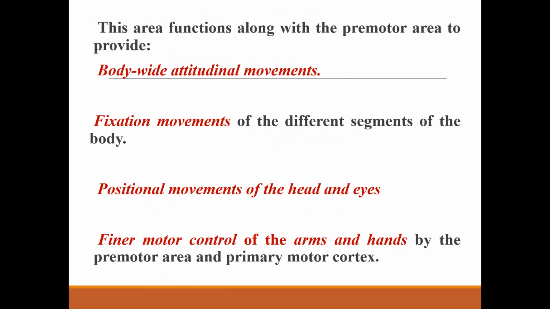This area functions along with the premotor area to provide body-wide attitudinal movements, fixation movements of the different segments of the body, positional movements of the head and eyes, and finer motor control of the arms and hands.